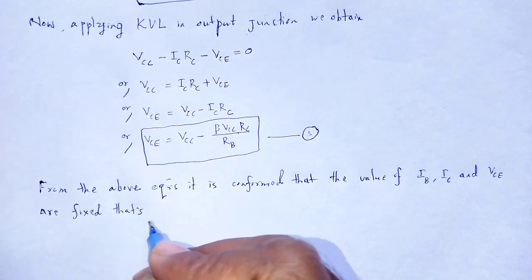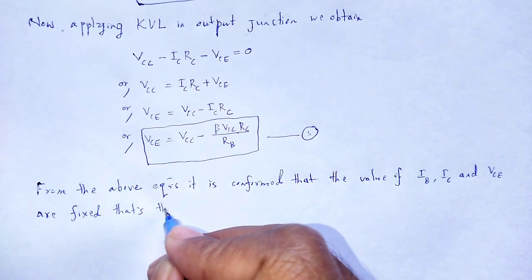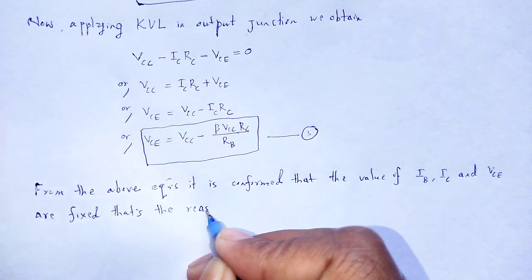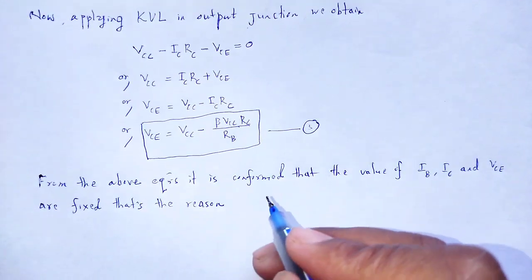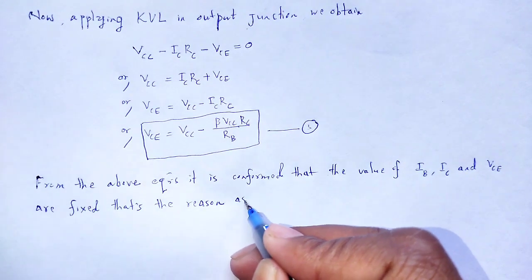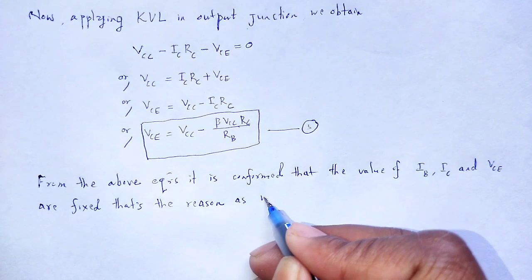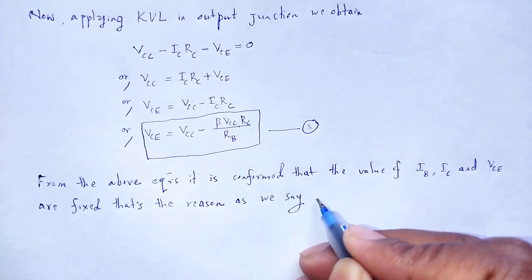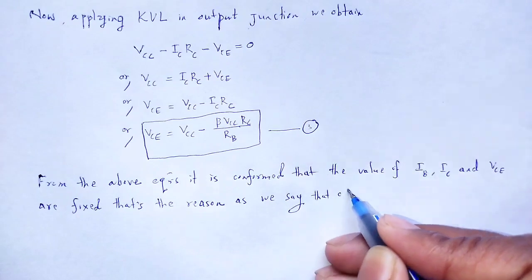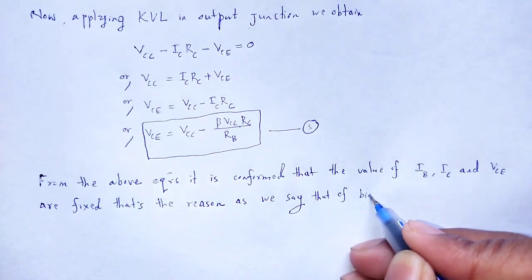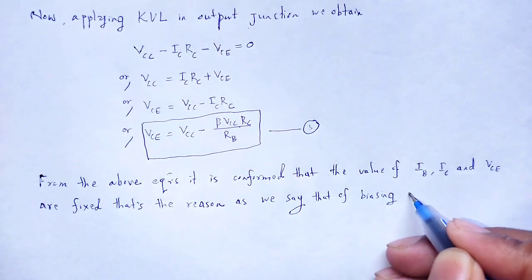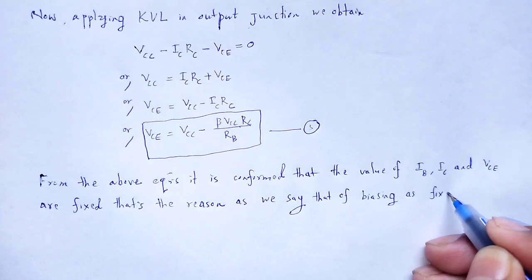That's the reason we call this type of biasing fixed bias.